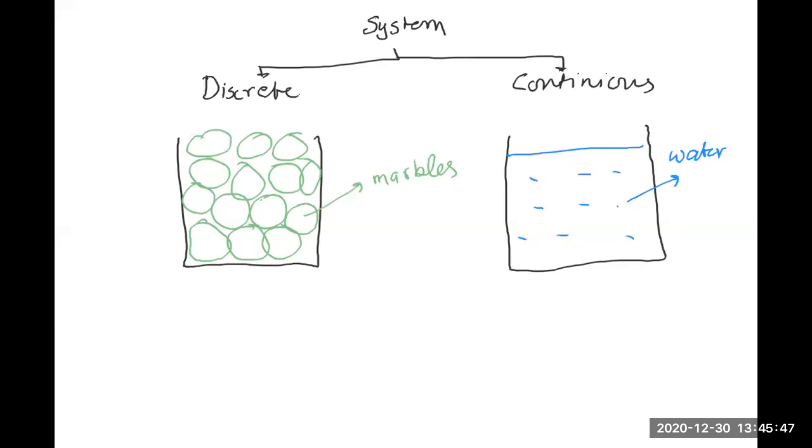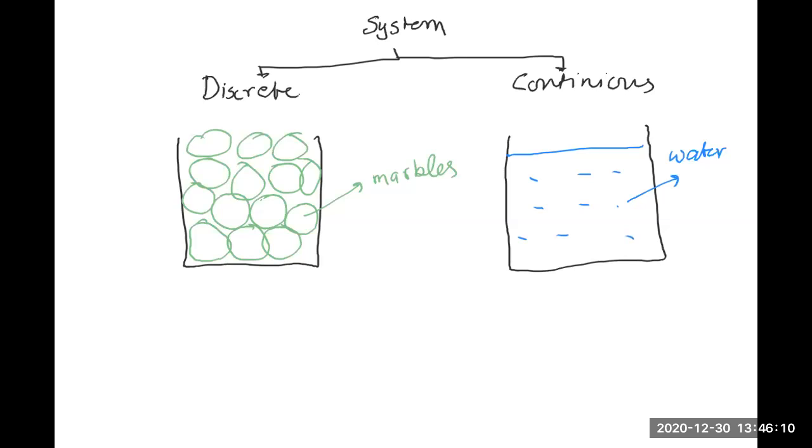What we have been learning up till now is the physics of discrete systems. Okay, a man inside a lift holding a rope: discrete system. A block placed on a wedge: discrete system.